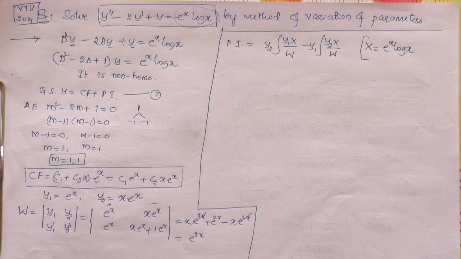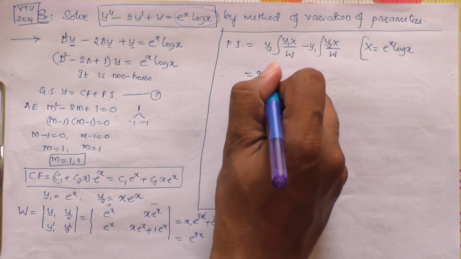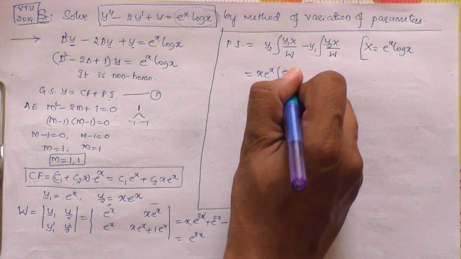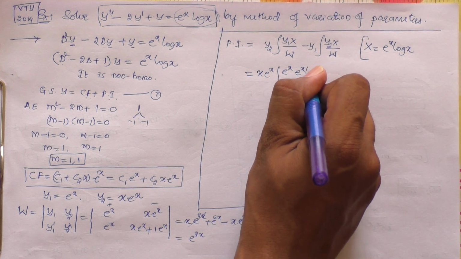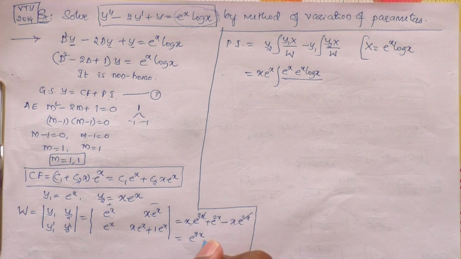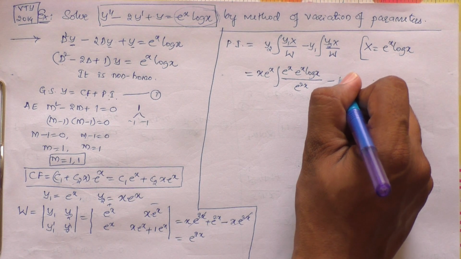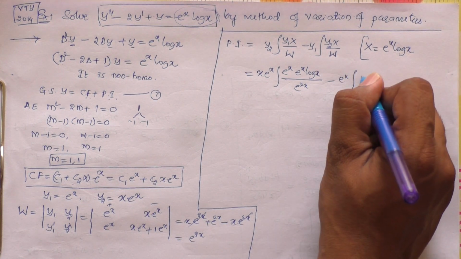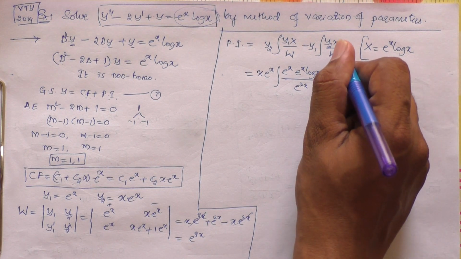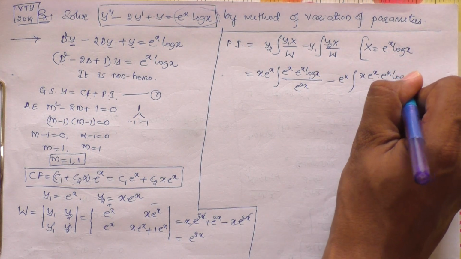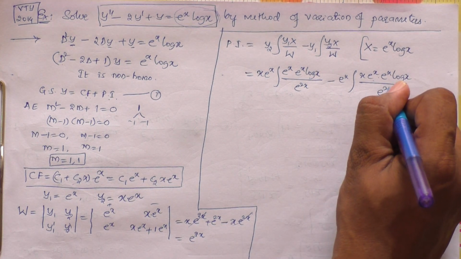So first let us start with y2 substitution: y2 is x e raised to x, integration of y1, e raised to x, capital X is e raised to x log x, divided by W, which is e raised to 2x, minus y1, e raised to x, integration of y2, x e raised to x, then capital X, e raised to x log x, whole divided by W, which is e raised to 2x.